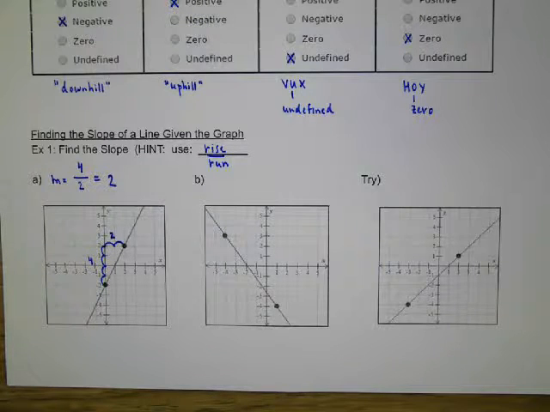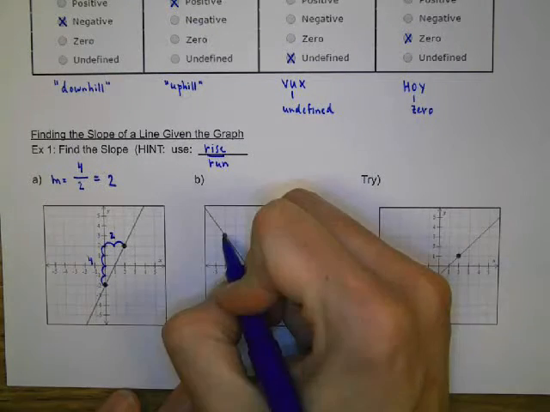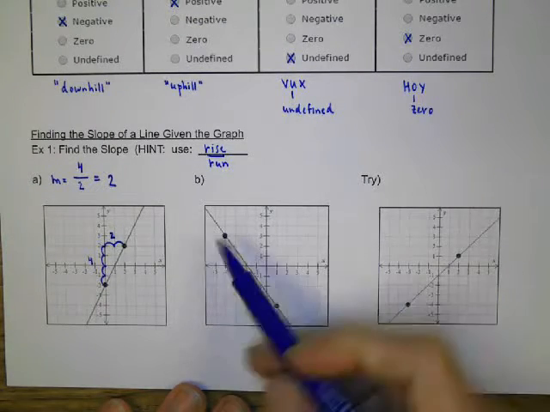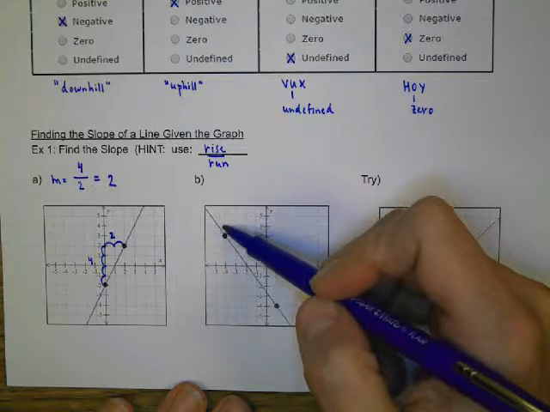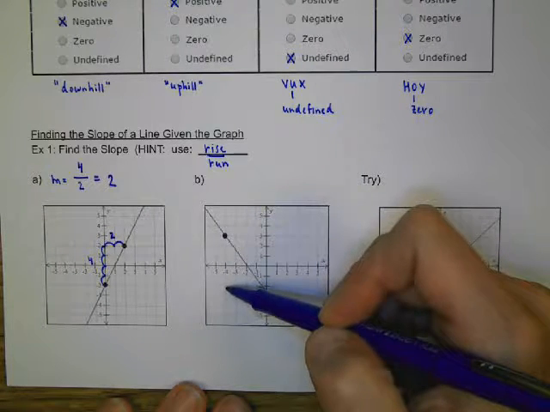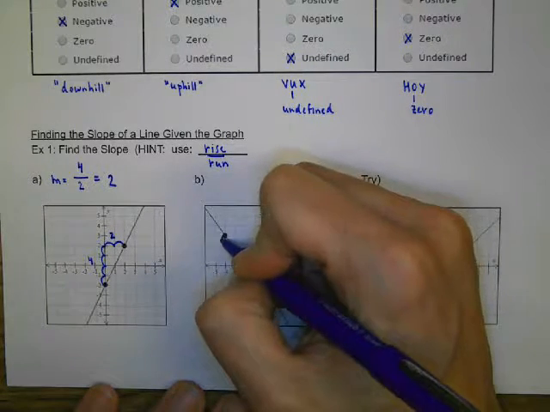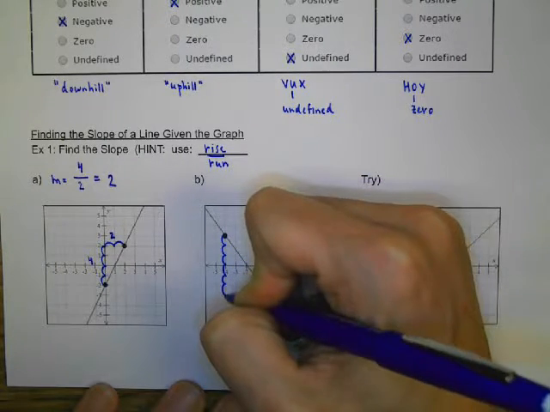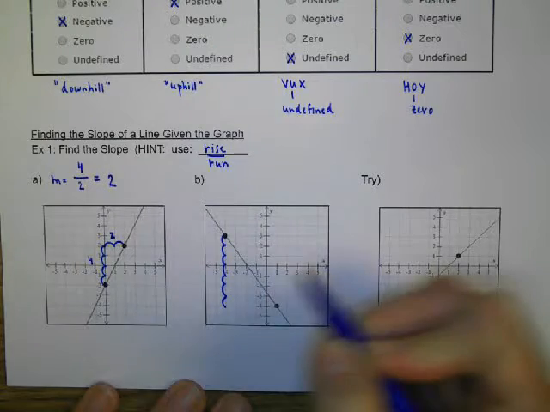Now, let's look at the next one. Same idea. I'm going to start at the point furthest to the left. But what I notice now is that instead of rising, I'm actually going down. So I'm going to count down, and I have 1, 2, 3, 4, 5, 6, 7.